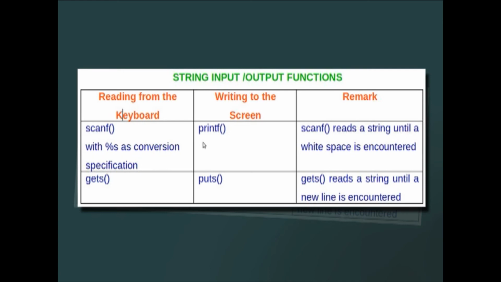String input output functions. For reading from the keyboard, we can use scanf with %s as the conversion specification. Scanf reads a string until a white space is encountered. For writing to the screen, we can use printf, and for reading from the keyboard, we can use another function, gets. Gets reads a string until a new line is encountered, and for writing to the screen, we can use the function puts.